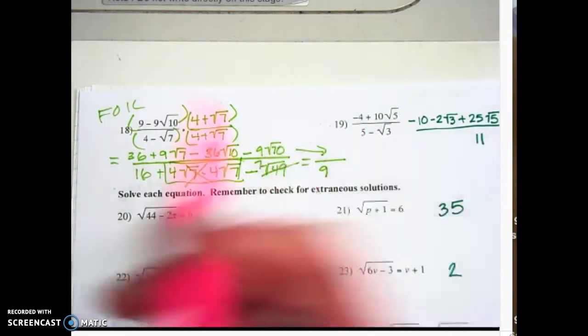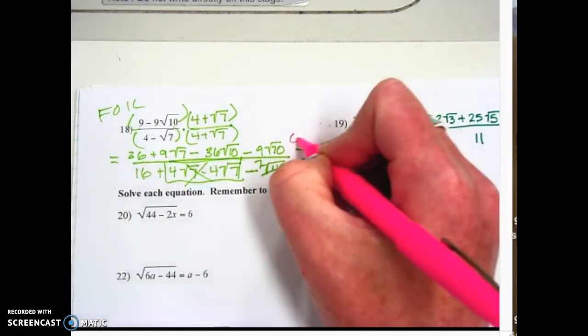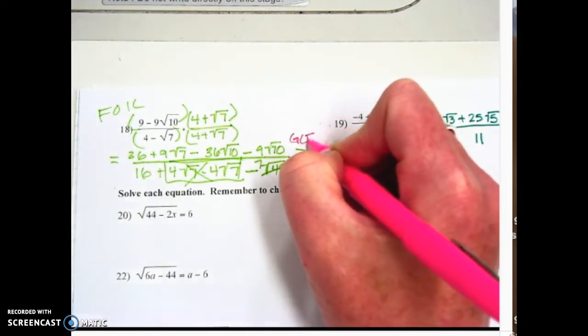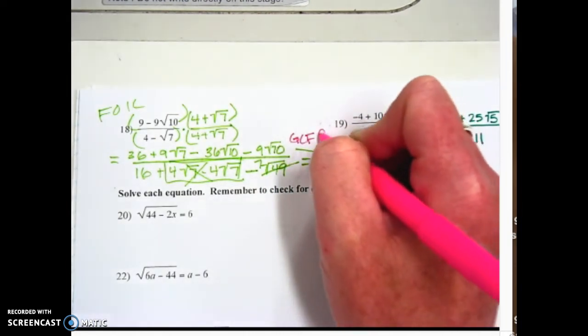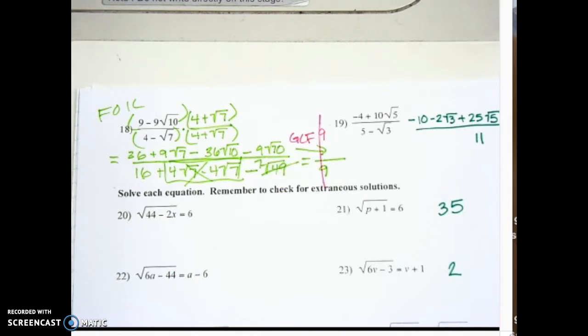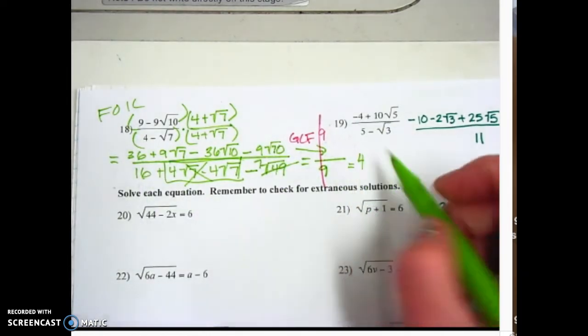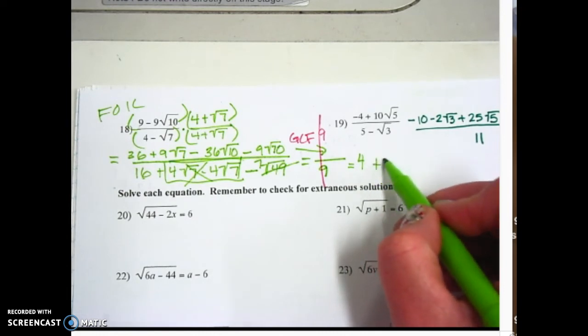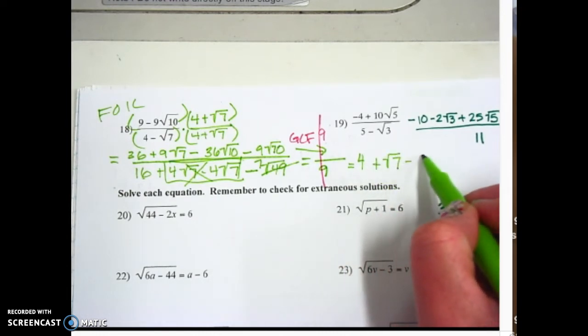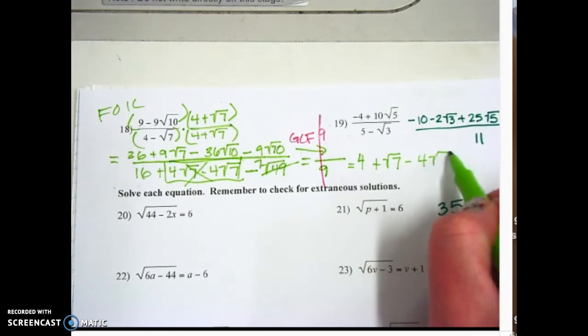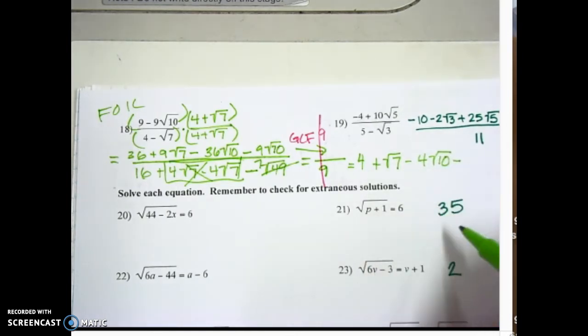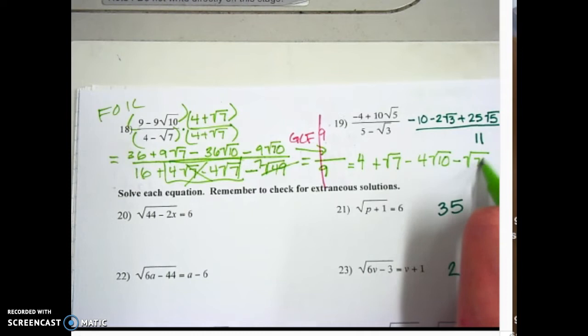So I can factor out a GCF of 9, and that's going to cancel with the denominator. So that leaves us with 4 plus the square root of 7 minus 4 rad 10 minus the square root of 70.